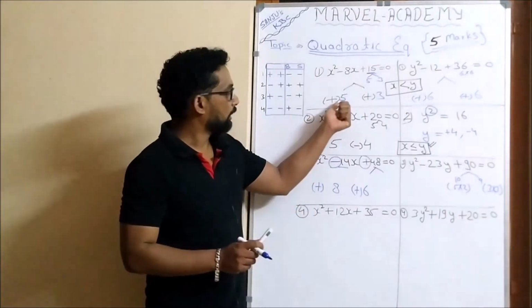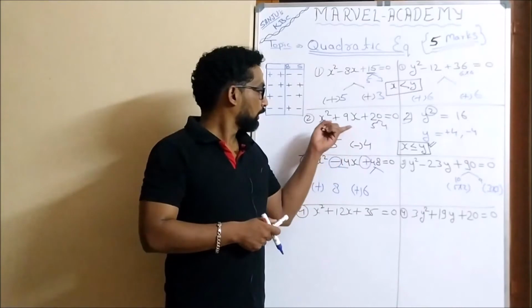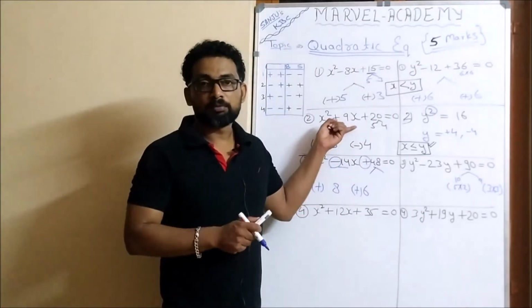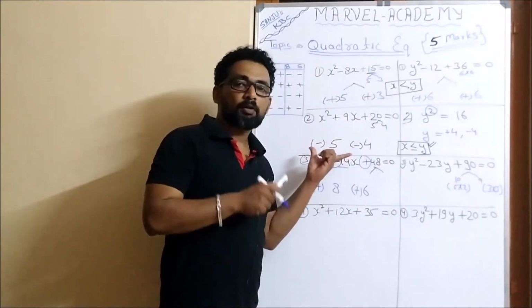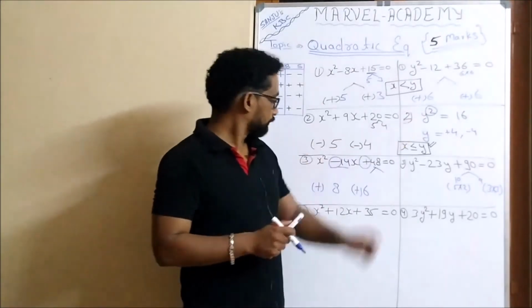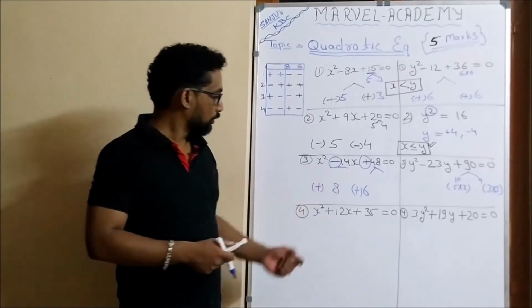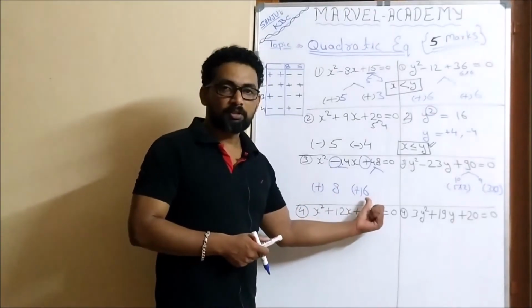That means here 5 and 3 both are odd numbers. When our middle term is an odd number, one of our factors would be odd and one is even. Okay, like here middle value is an even number, so both the terms are even.